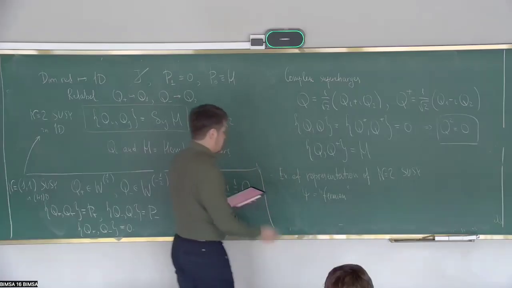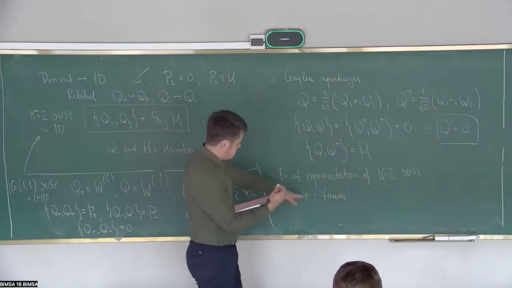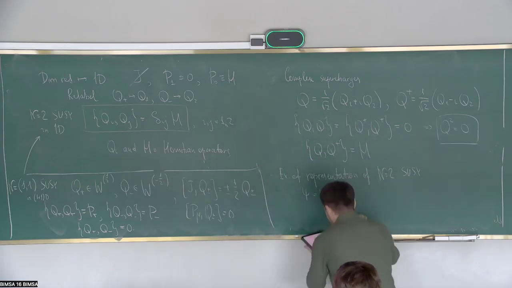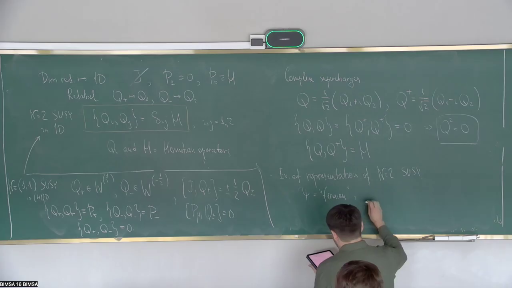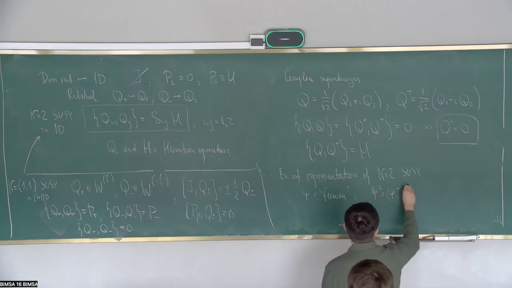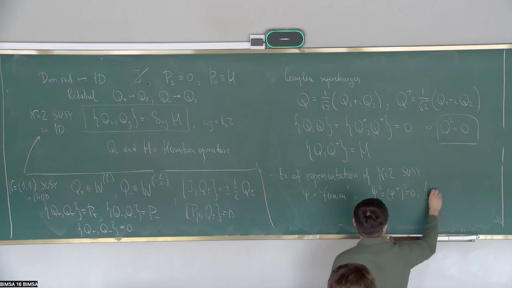In one dimension, there are not really bosons or fermions, which just mean anticommuting and commuting variables. That's a use of language borrowed from higher dimensional theories. So here ψ squared is 0, and ψ ψ† is 1.